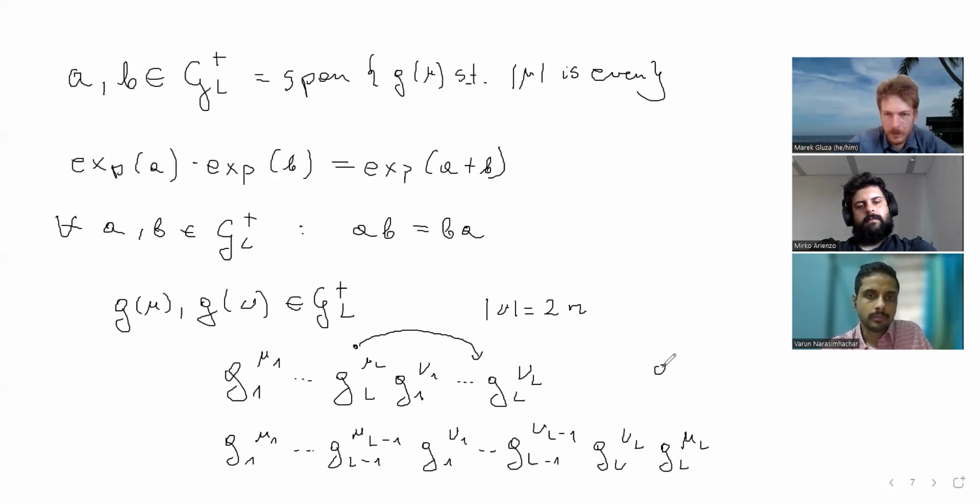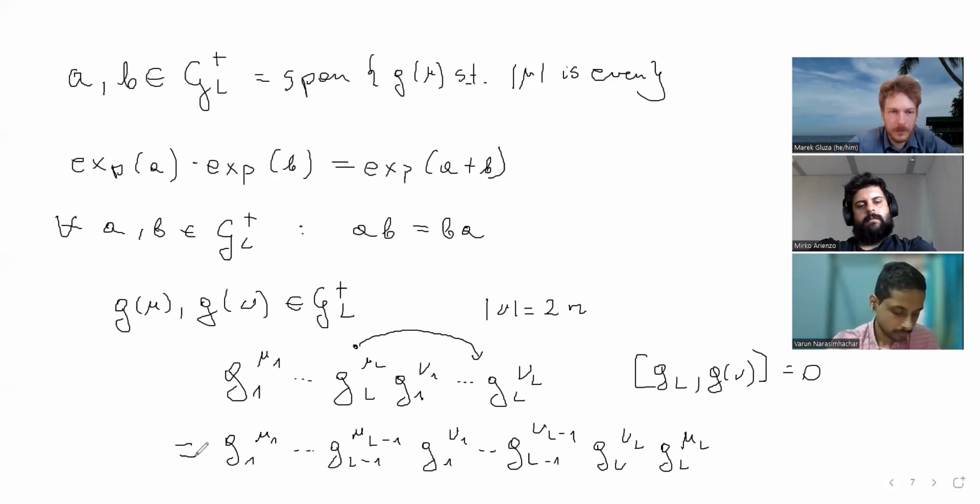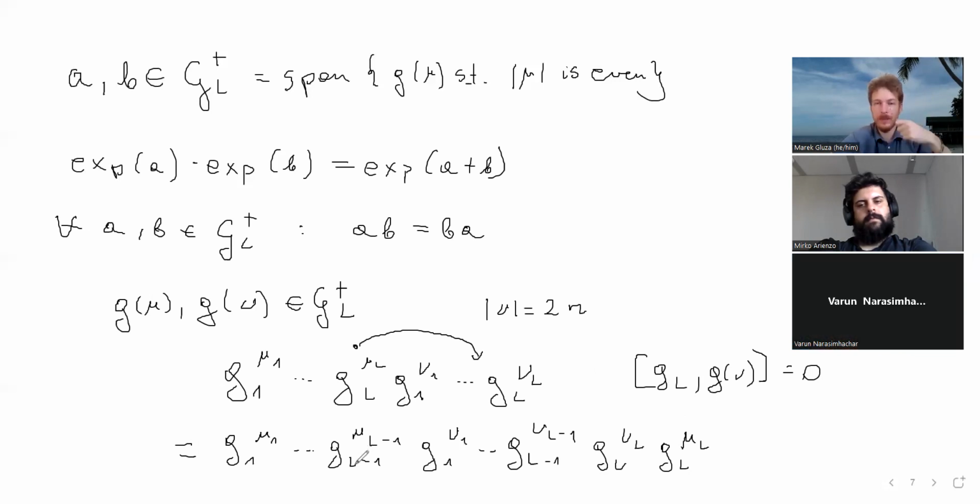Okay, so what I used is GL commutator with G of nu. This one is 0. It's 0 because when I moved it through, I can say that they are equal because I made an even number of transpositions, and each transposition which was non-trivial costs a minus, but I made an even number of transpositions, so I get a plus.